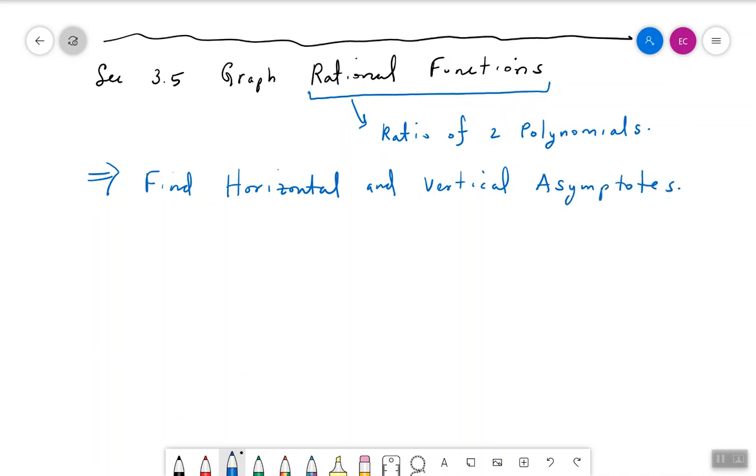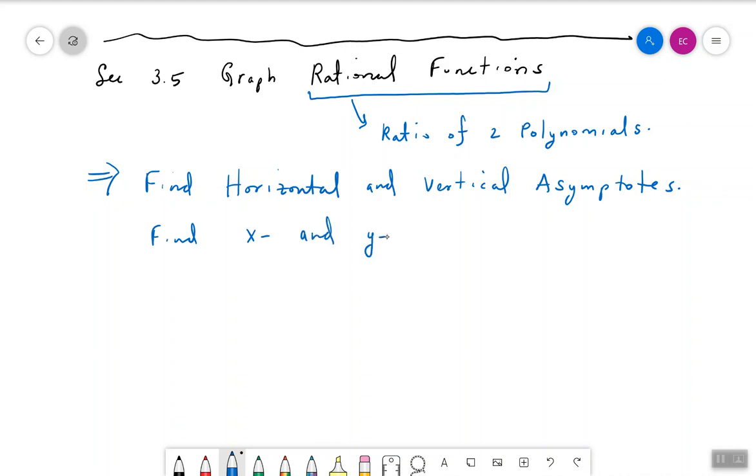And there are a few procedures in there, a few rules that you need to make sure that you're clear about. If you're going to graph a rational function, you're going to get the horizontal and vertical asymptotes. You're also going to get the x and y intercepts.